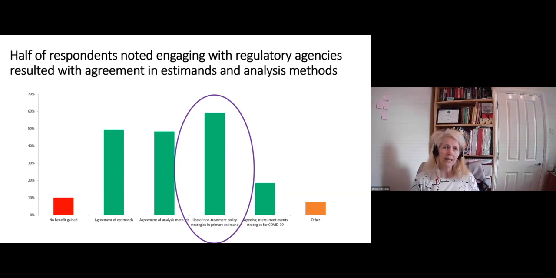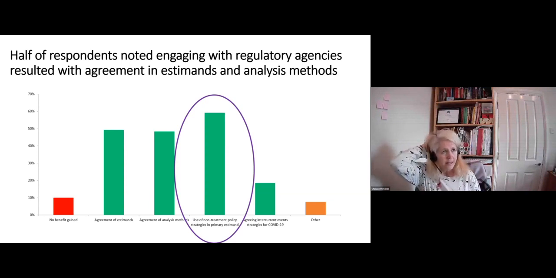But E9R1 allows sponsors to think about other and more important treatment effects, depending on the phase of development and what is being addressed by that clinical trial. So again, in this survey last year, the respondents said that there's now more agreement on the estimand, the treatment effects of interest, more agreement on the analysis methods, and we're beginning to see other types of clinical questions being addressed using different strategies other than treatment policy.